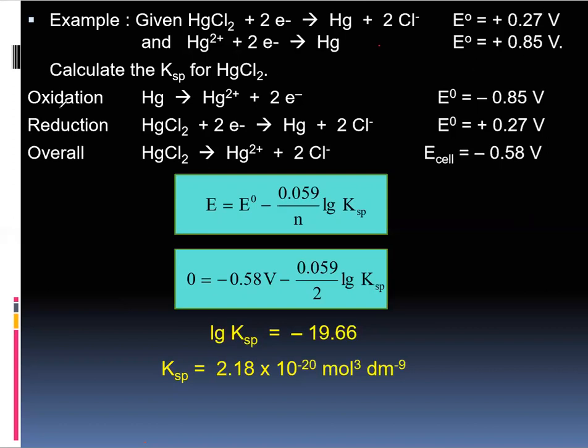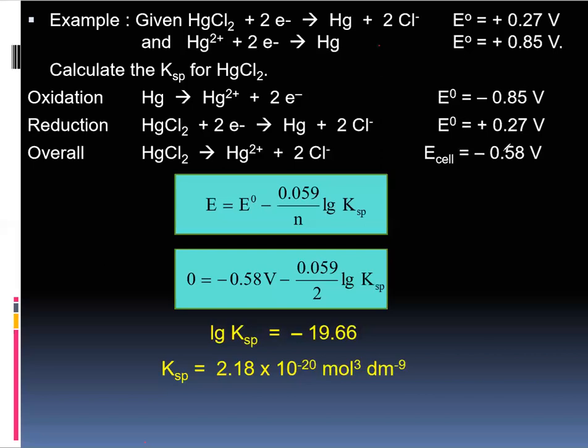The oxidation reaction now would be this, your Ag to give you Ag2 plus 2e minus, which you've already been given in the question. And then your reduction is going to be your AgCl2, the way I did it in the previous one, plus your 2e minus to give you Ag plus 2Cl minus, which will also be given. Those values are always given, so you don't have a problem.